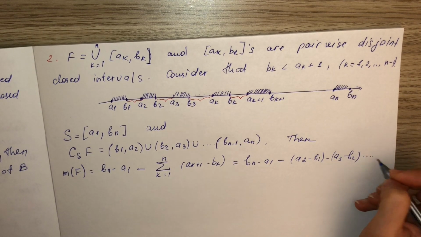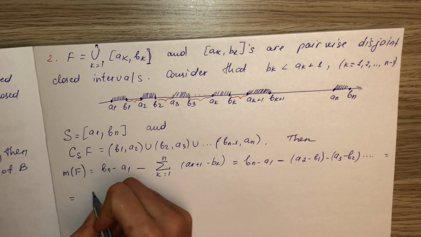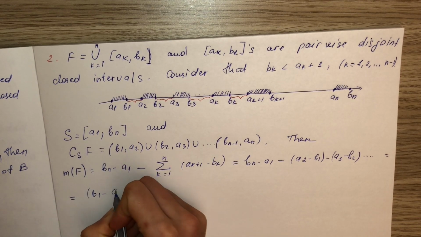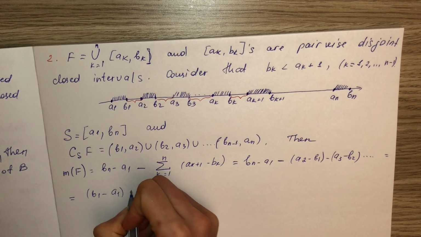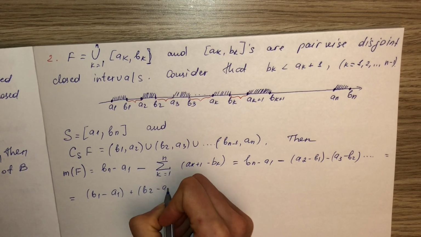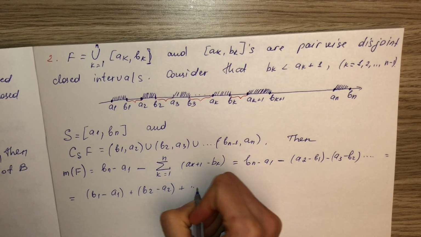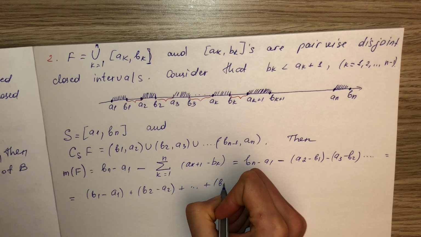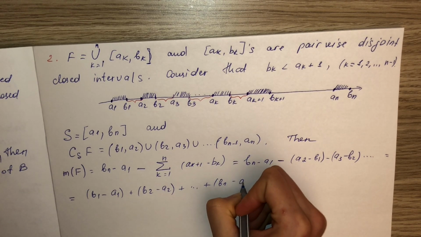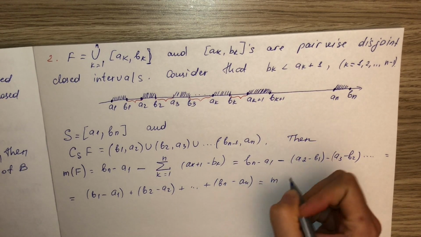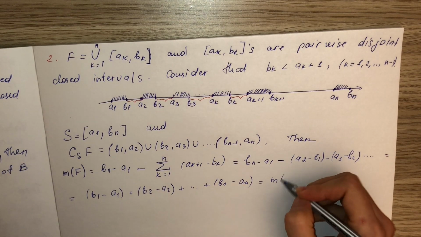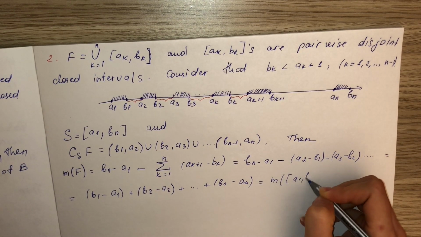It keeps going and it's equal to b1 minus a1 plus b2 minus a2 plus up to bn minus an, and the length is equal to [a1, b1].